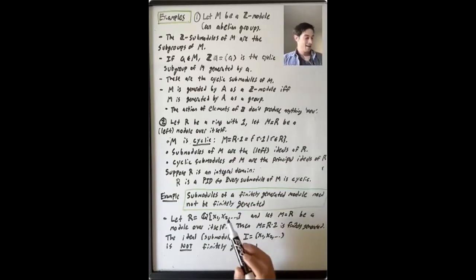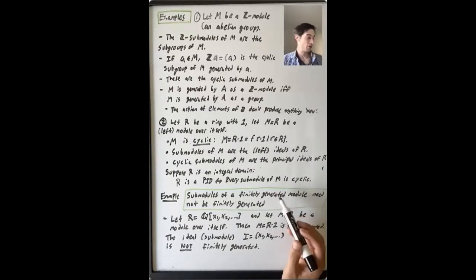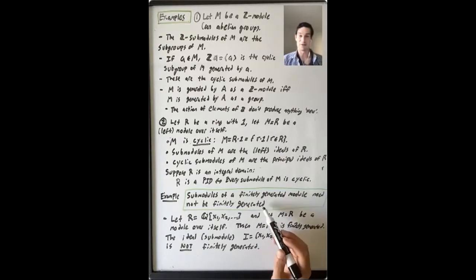So the idea is that you take M equals R, which is generated by the single element 1 as an R module. And if you take any ideal that's not finitely generated, that will give you an example of a submodule of a finitely generated module that is not itself finitely generated.